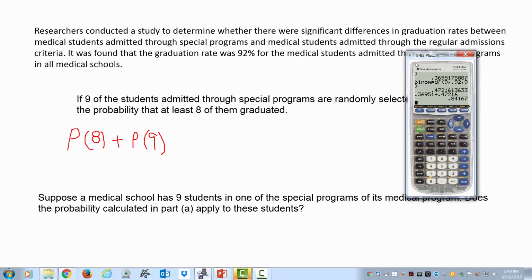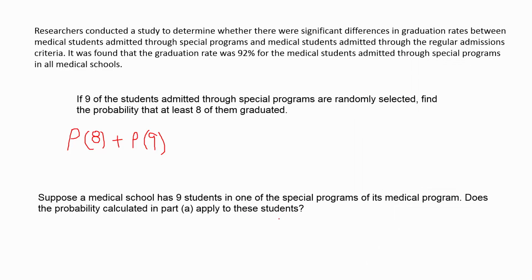All right, then it says, suppose a medical school has 9 students in one of the special programs of its medical program. Does the probability calculated in part A apply to these students? Oh, and I guess I could write my answer up here. Well, no, I mean, that's just kind of silly, right? I try to type and talk.